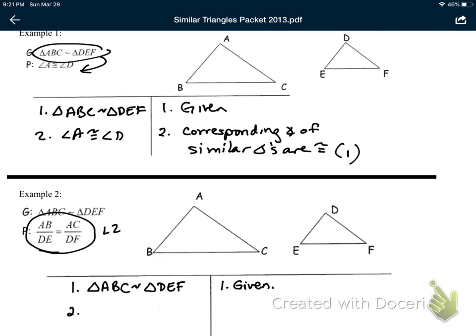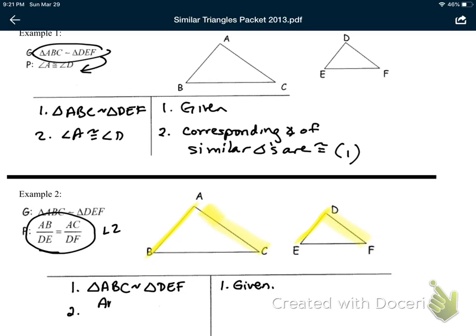So you see these 4 segments in the proportion? I'll highlight them in the diagram: AB, DE, AC, DF. And I will highlight 2 of the 3 sides of the triangle, and that will be the triangles that I would need to prove similar. We will see that in future cases.